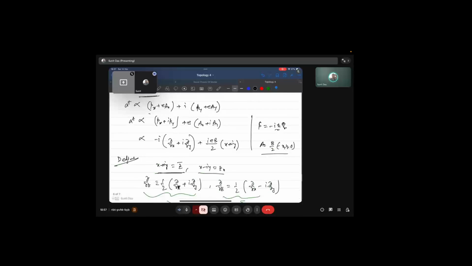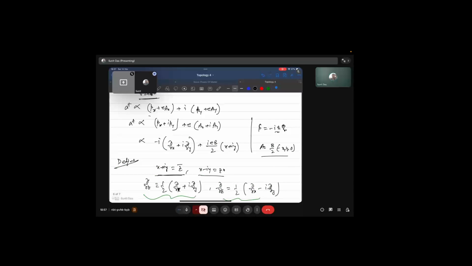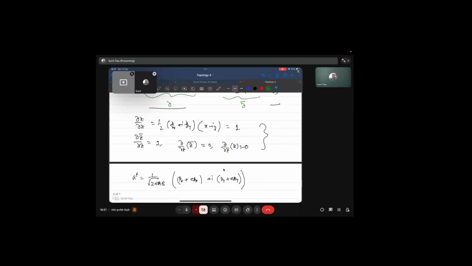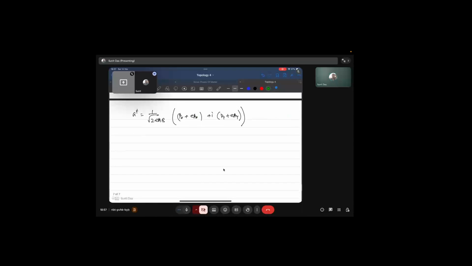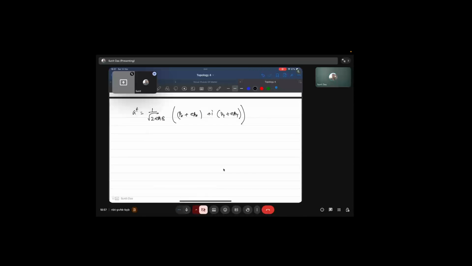So we wrote, let's say you use this equation and all of these relations. What you can find is that a dagger will be minus i root 2 l_B del operator minus z bar by 4 l_B.